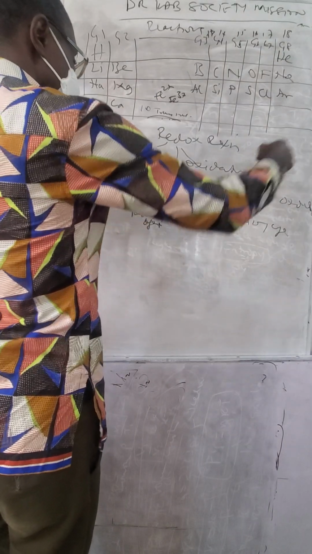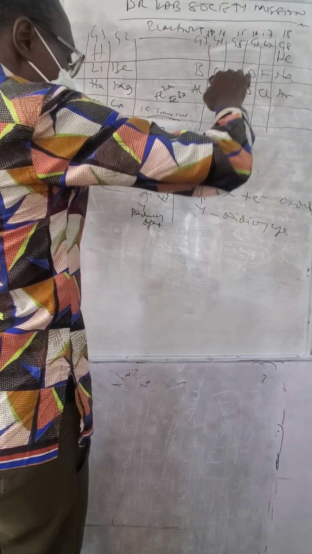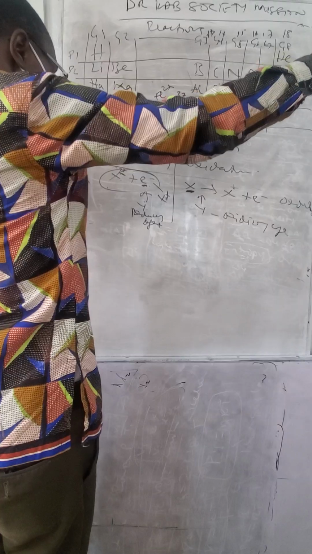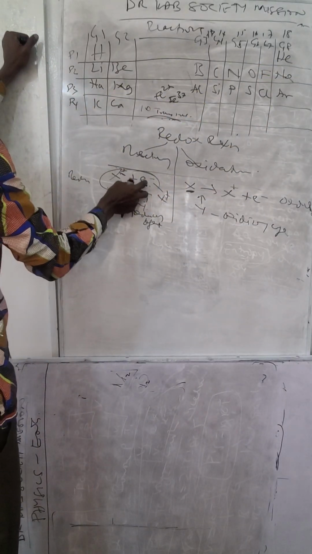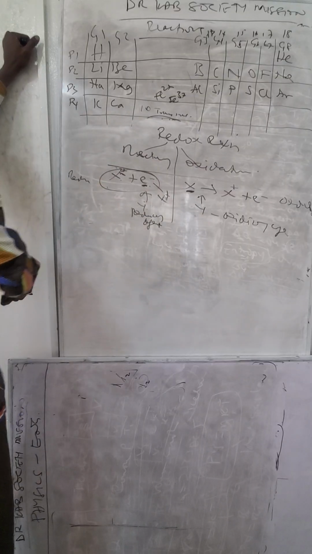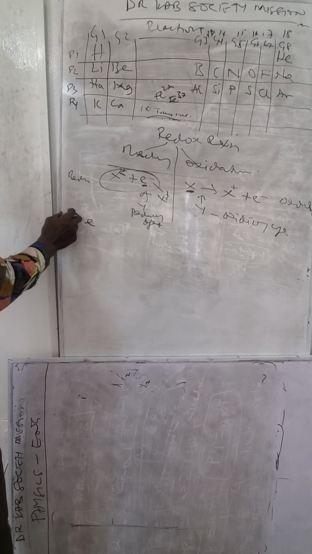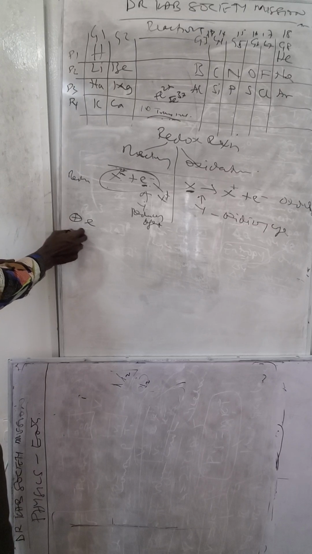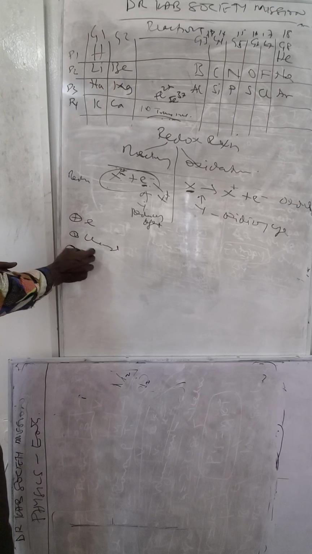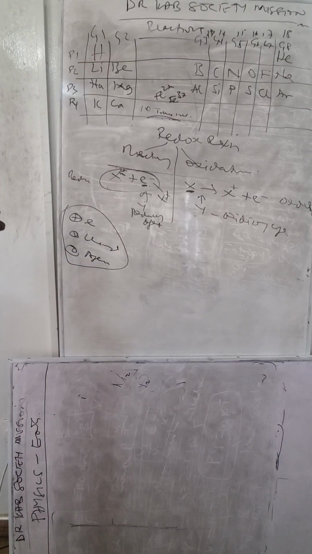In oxidation, there's an increase in charge, electrons are released, given away, and an agent helps to give away the electrons. In reduction, electrons are accepted, charge is reduced, and an agent helps the process go on. So three things: what happens to the electrons, the charges, and the agents. If you look at it this way, you're always able to tell what type of reaction is going on.